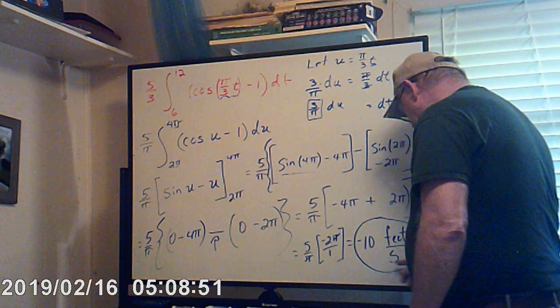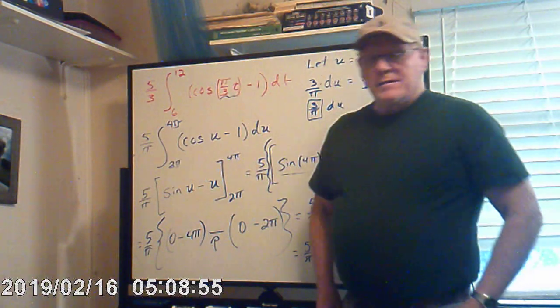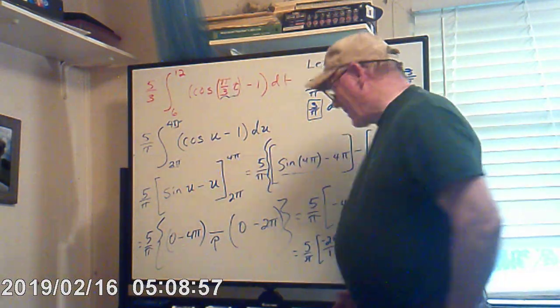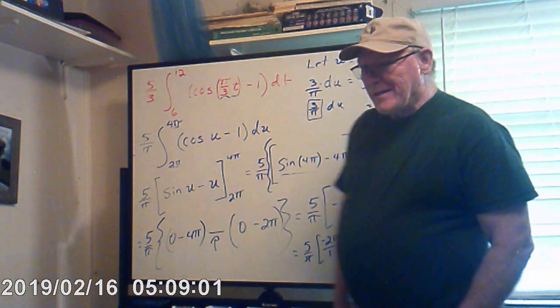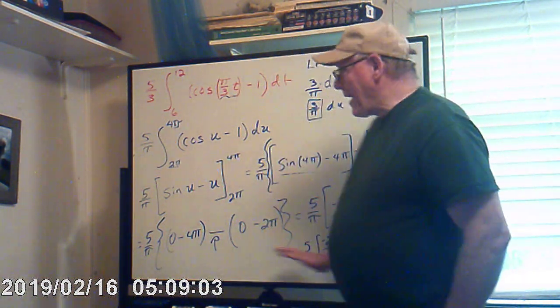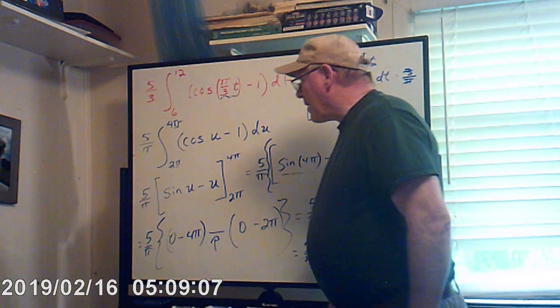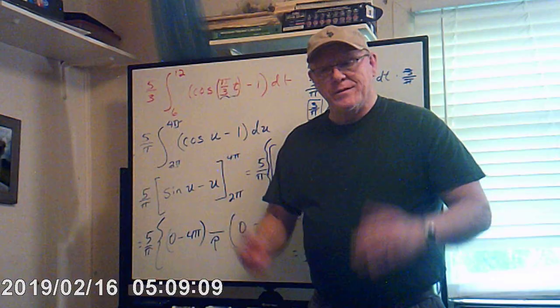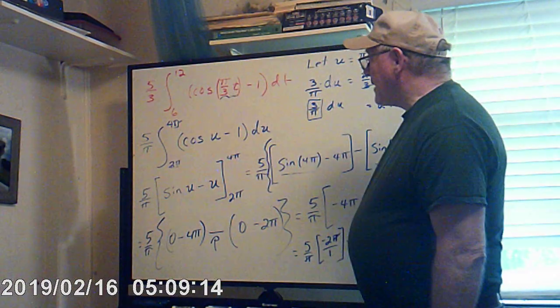And now that's what I've got here, negative 10 feet per second. Alright. Wow, that's amazing that those pi's cancel out and we just got negative 10. That's something, isn't it? Anyway. Turns out good, doesn't it? Well, that's how it works.